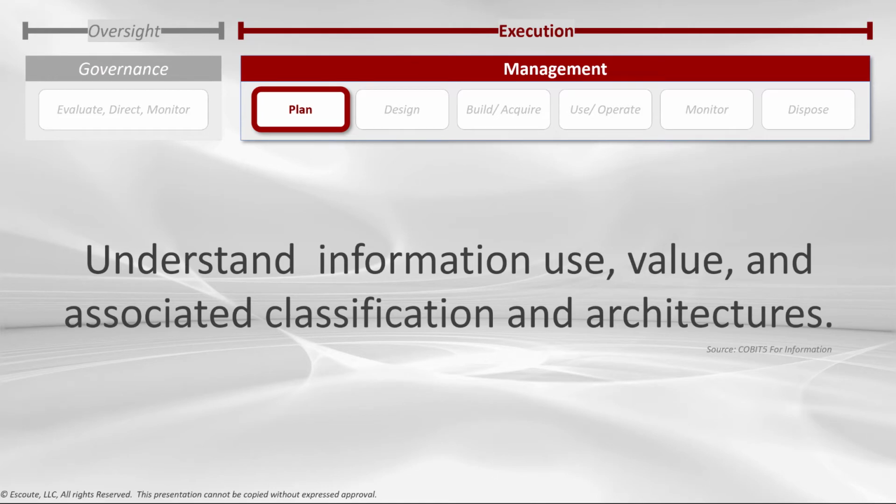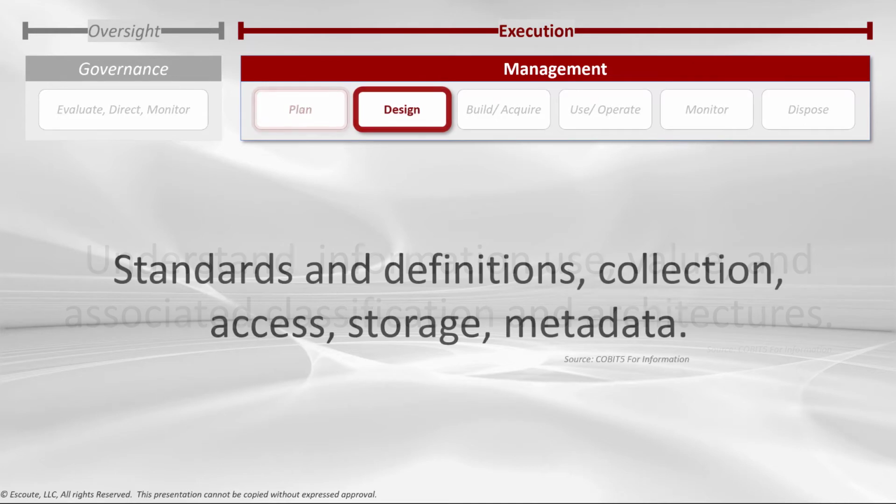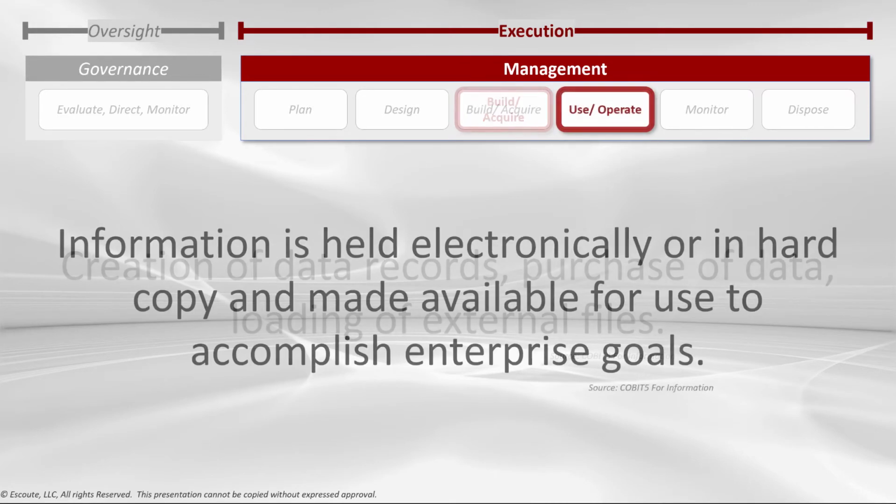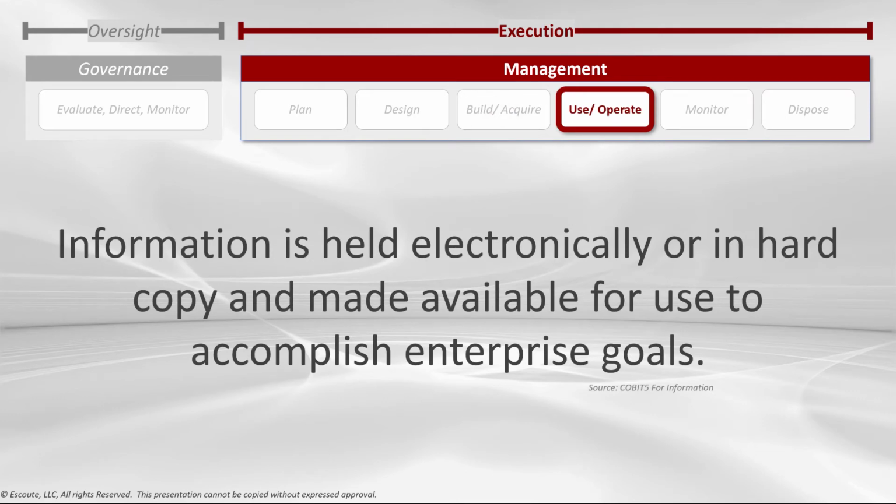Over on the management side, first we have plan. What you need to do is understand the information, use the value, and associated classification and architectures. You will then design this where you have standards and definitions around your architecture, your collection, access, storage, and your metadata. We'll cover that again soon. In build and acquire, you create records, you purchase that information, and you may be loading external information, and then you use it.